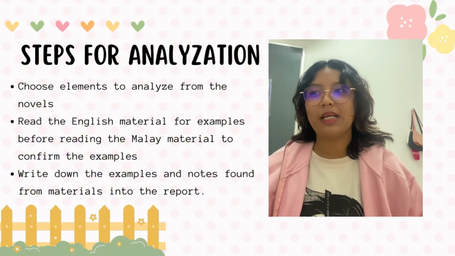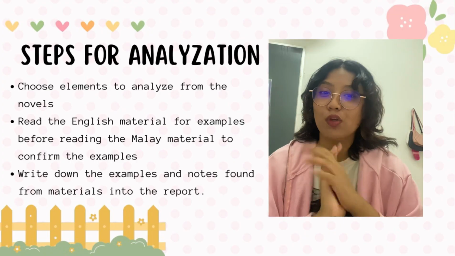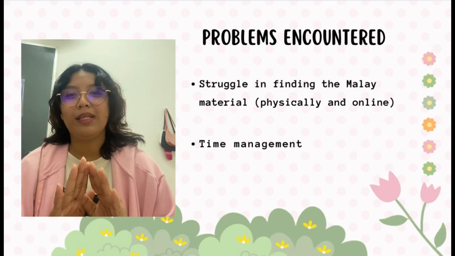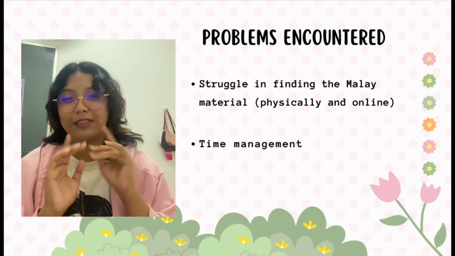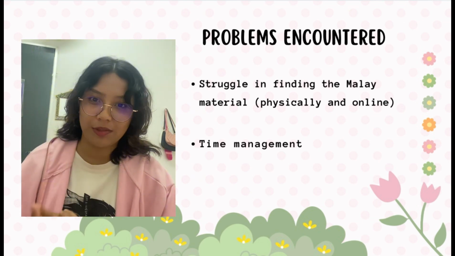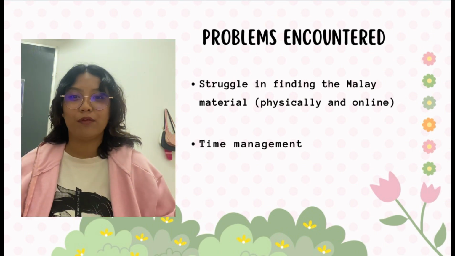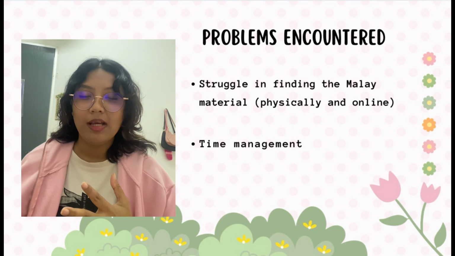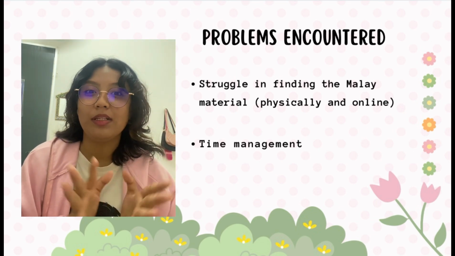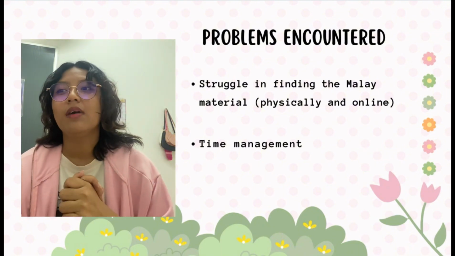Throughout this whole assignment, I won't say it was perfect. Definitely, I've encountered so many problems along the way. The first main problem that I had was during the first day of the analysis, which is looking for the material. For the English version, it was easy because when I searched it up, apparently there are a lot of websites that show the novel itself.